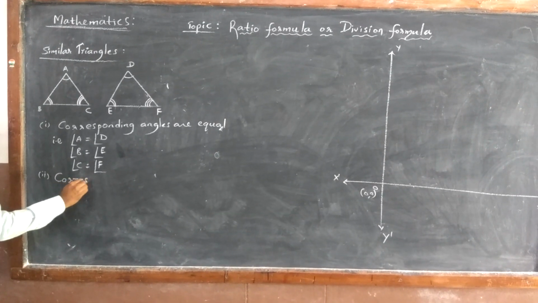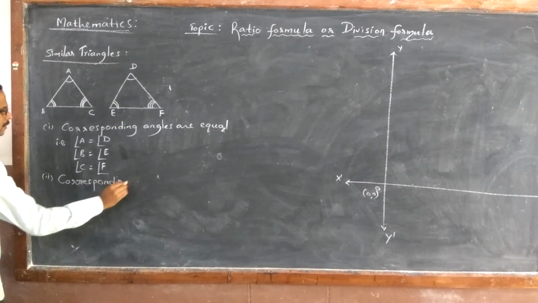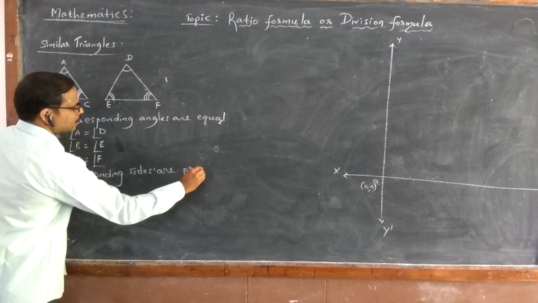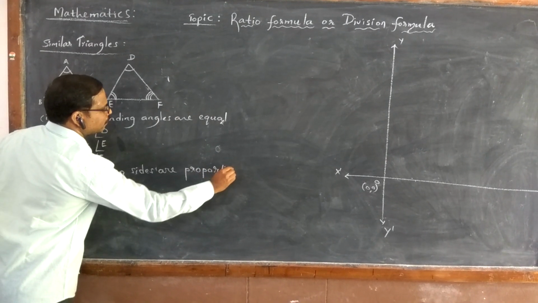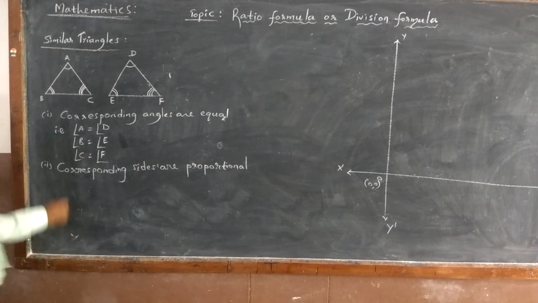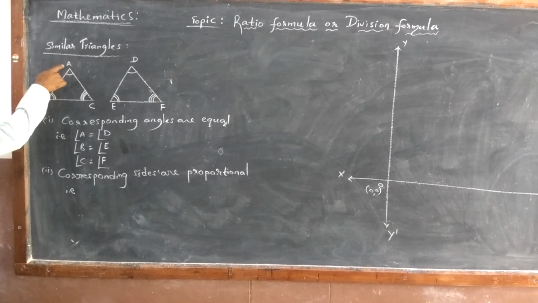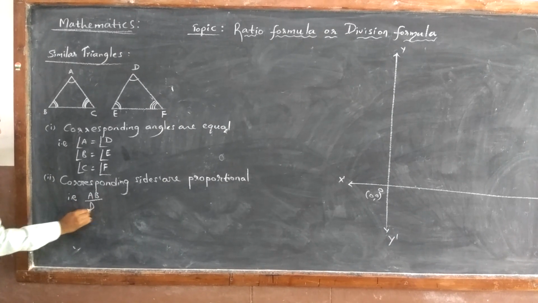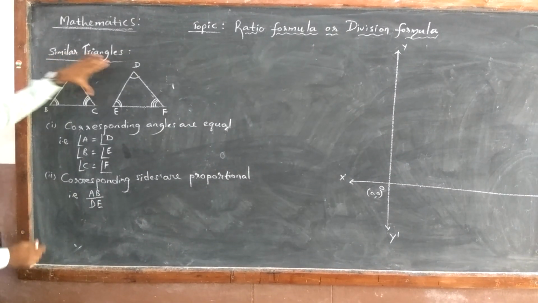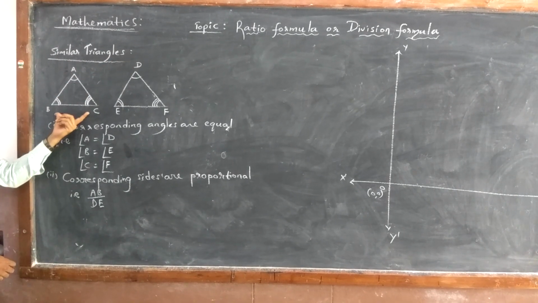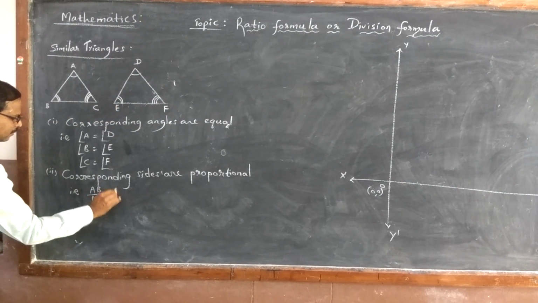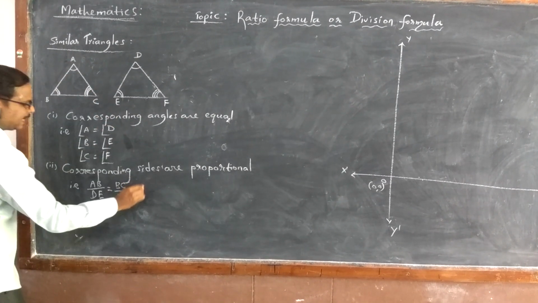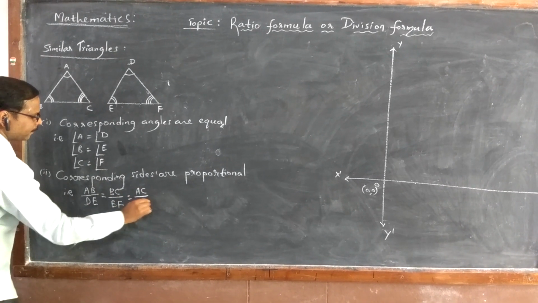AB by DE, the ratio must be the same. For BC, EF; so AB by DE is equal to BC by EF is equal to AC by DF.